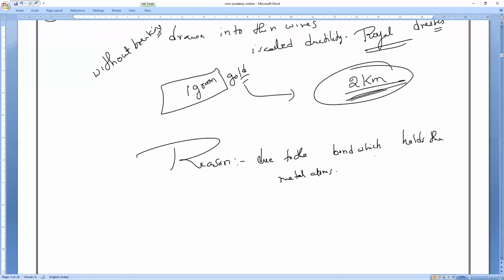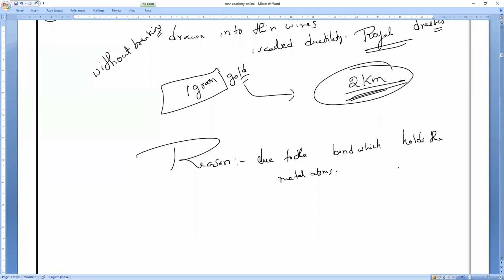These bonds are very less rigid. So the metal atoms change their position and shape on application of force. That is the reason they can easily transform into sheets and into thin wires.